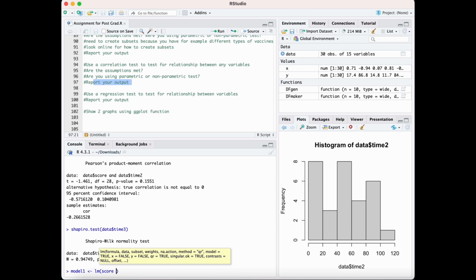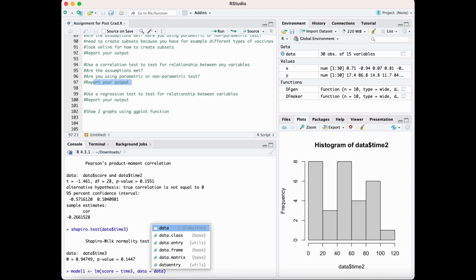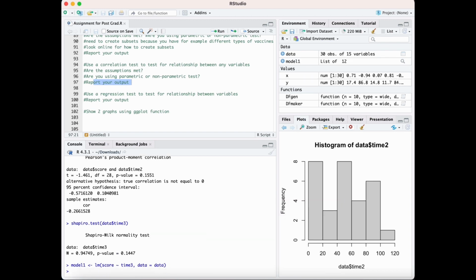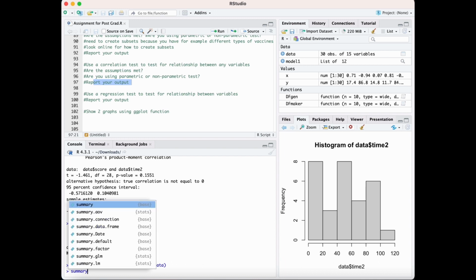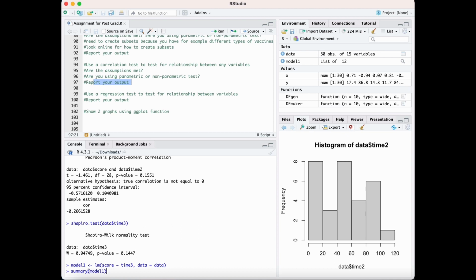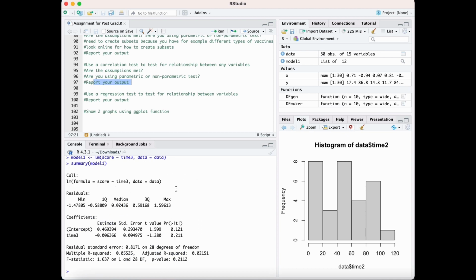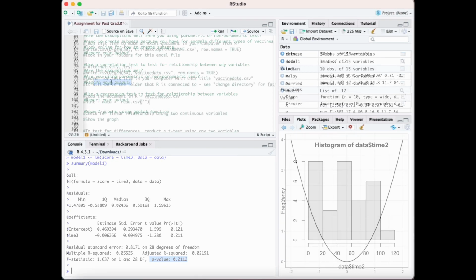Time 3. Okay, so the p-value is 0.2112, indicating that it is not statistically significant between score and time 3. There is no regression.